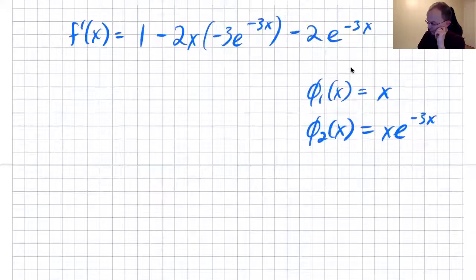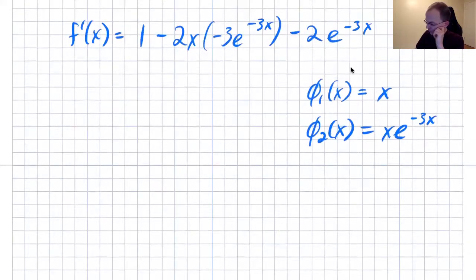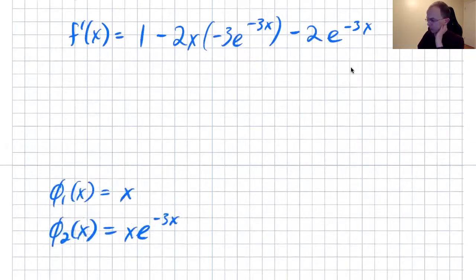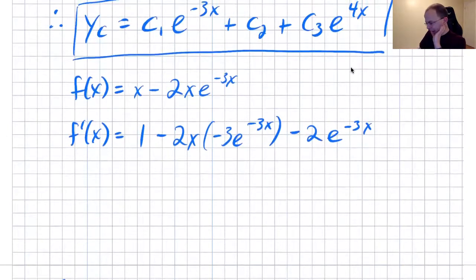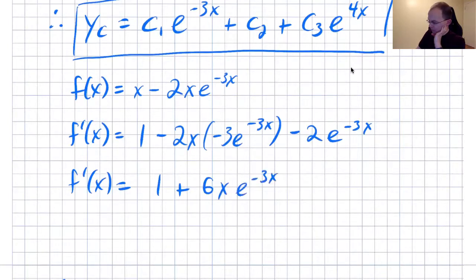Let me just make some more room here until I'm sure that I've determined all possible terms. Let's simplify this. So f prime of x is equal to 1 plus 6x e to the negative 3x minus 2 e to the negative 3x.